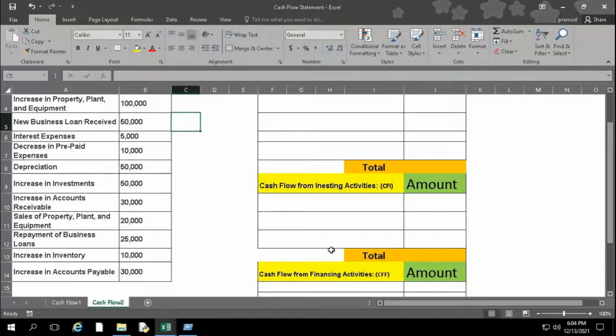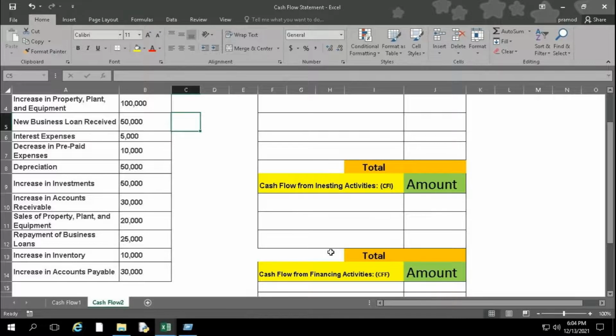No, increasing your property, so we have to consider that. Find out whether it is cash flowing in or flowing out.